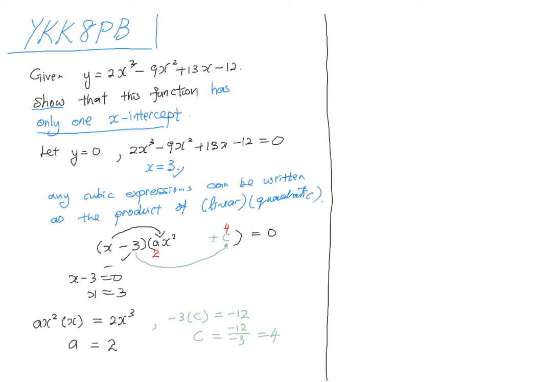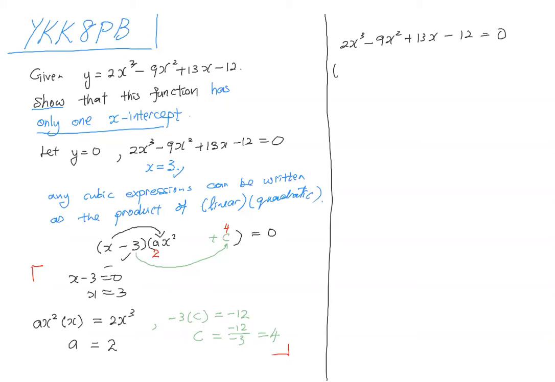So whatever I have written down here is all you work in your mind. So you get that 4. So that means I will write it like that. 2x cubed minus 9x squared plus 13x minus 12 equal to 0.